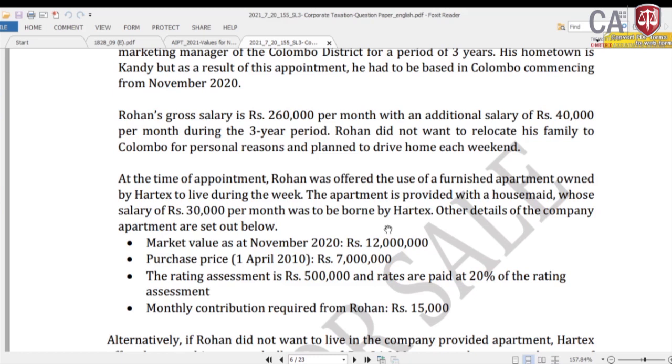It has been provided in the document. If you don't know these things, there is an issue. Therefore, I highly recommend you go through individual income tax under personal taxation. Please look at it before the examination.